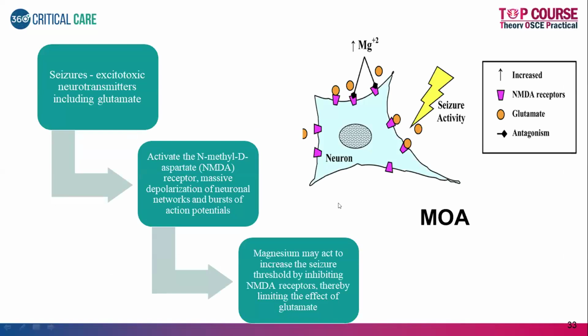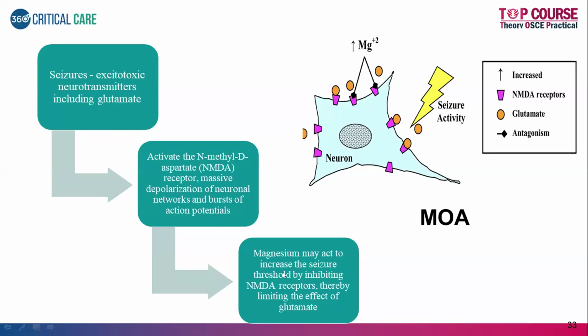So coming to the mechanism of action of magnesium. How does it prevent seizures? Seizures usually occur because of excitotoxic neurotransmitters like glutamate. Glutamate activates the NMDA receptors, which leads to massive depolarization of the neuronal network and bursts of action potential.